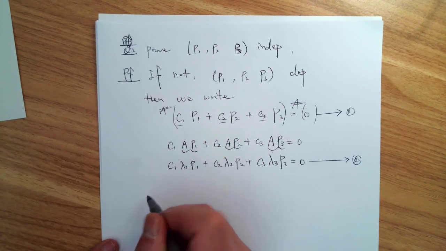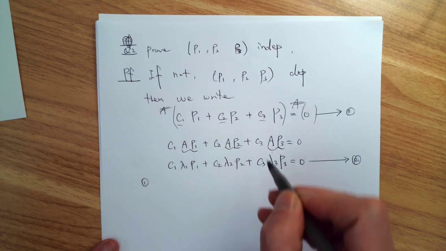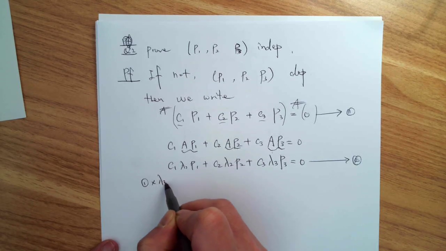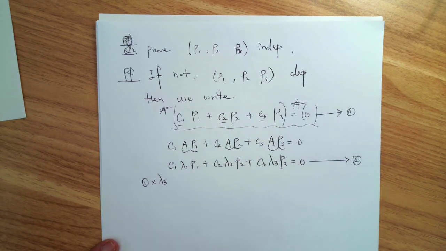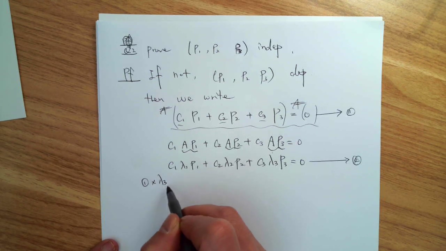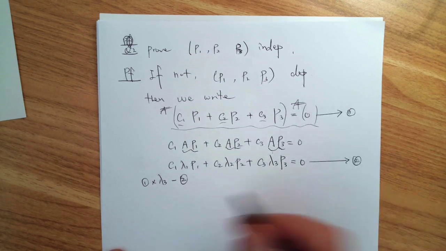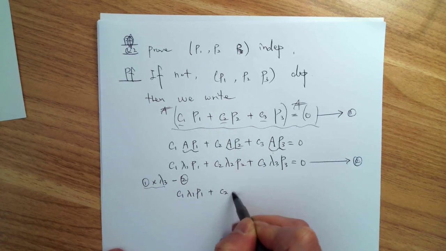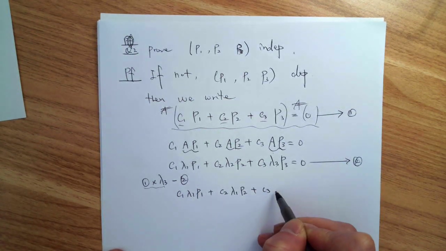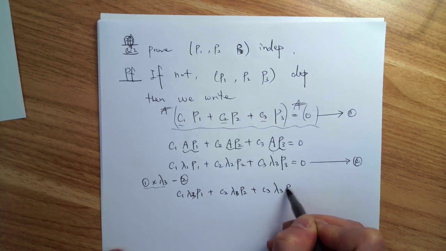So I'm going to reduce this problem. Take equation 1 times lambda 3, so each term of 1 is multiplied by lambda 3. Lambda 3 is a number. And then subtract equation 2. So 1 times lambda 3 is C1 lambda 3 P1, C2 lambda 3 P2, and C3 lambda 3 P3 equals 0.